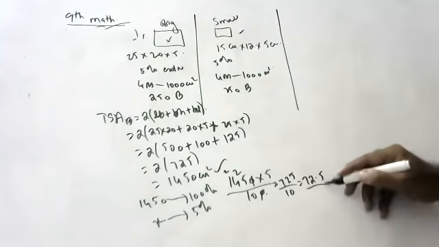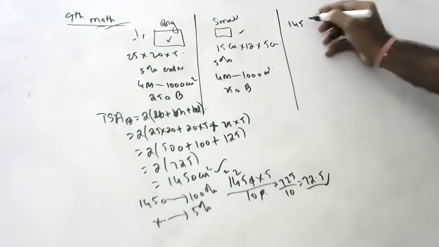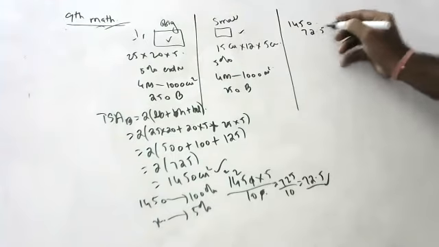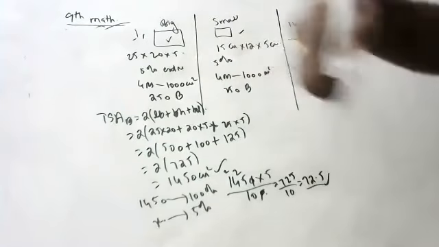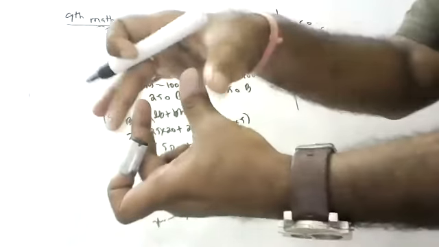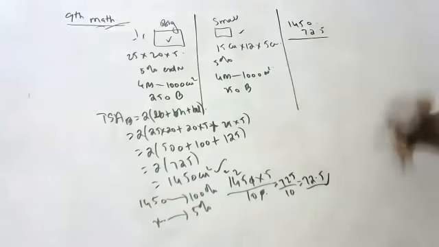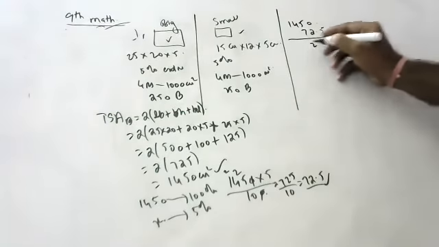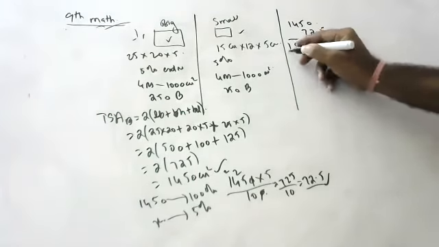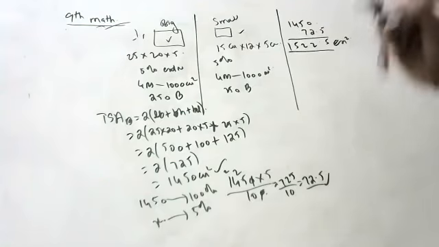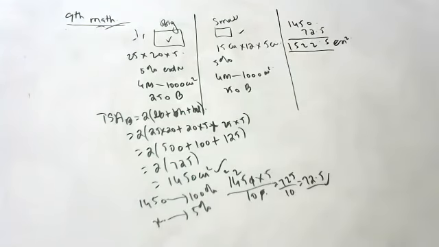Apart from 1450, 72.5 is extra needed for side overlaps. Where we put the box like this, it will come, no children? This is the overlap. So 1522.5 centimeters square is needed for a big box.